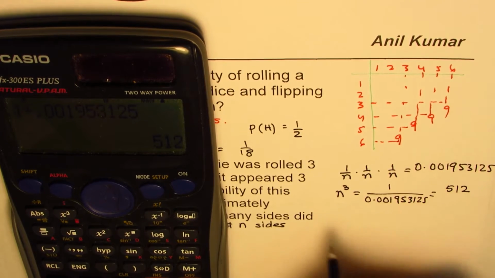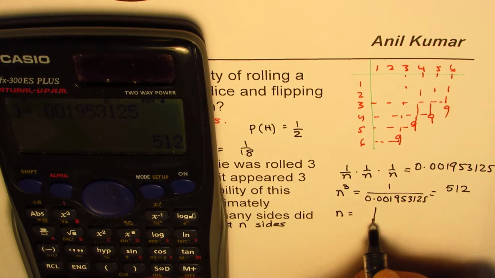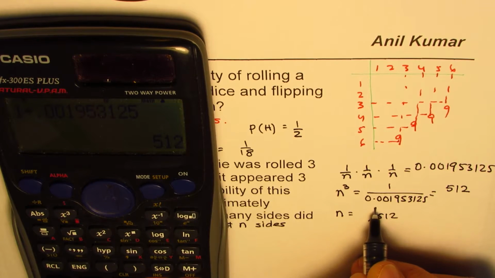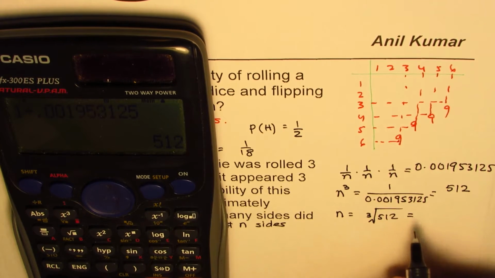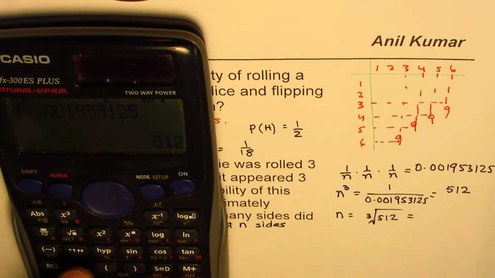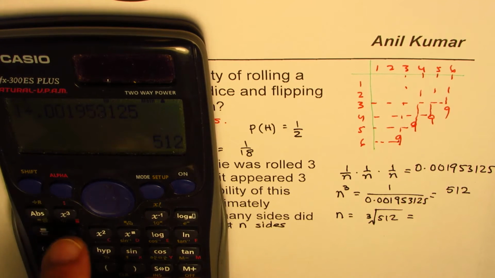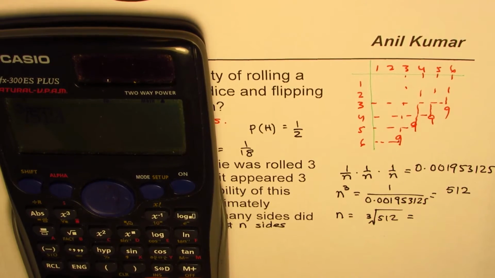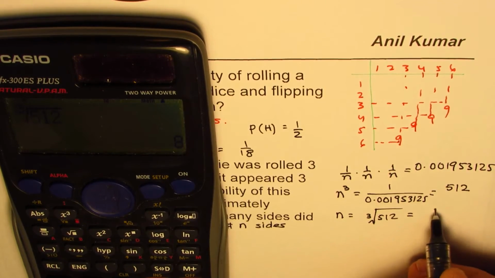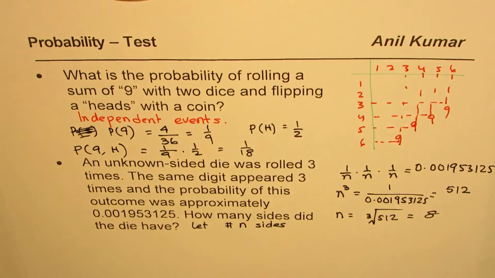So n is the cube root of 512. Let's do the cube root of 512, which equals 8. So it is an 8-sided figure, right?